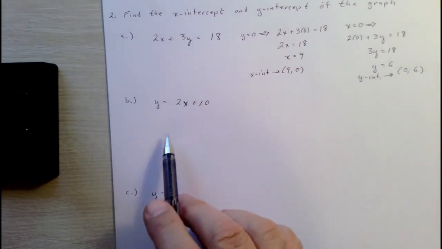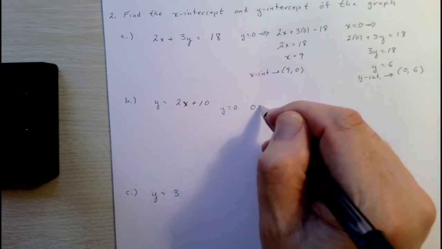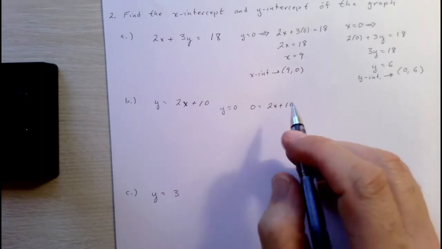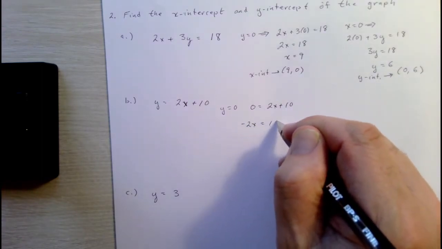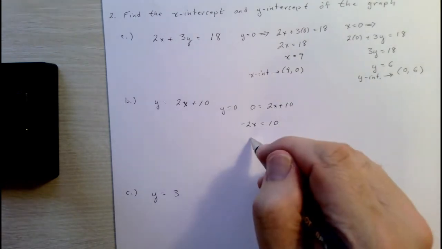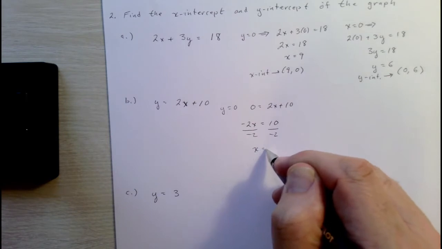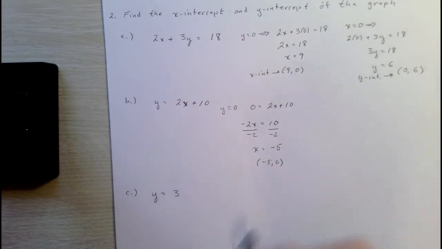If we do this for part B, set y equals 0, you get 0 equals 2x plus 10. Subtract 2x from both sides and divide by negative 2. You get x equals negative 5. So (-5, 0) would be your x-intercept.